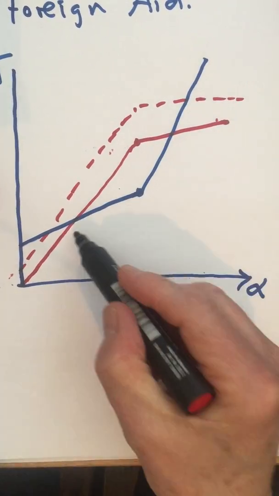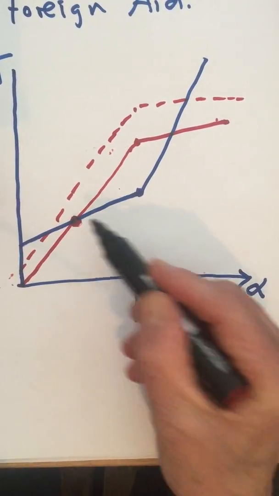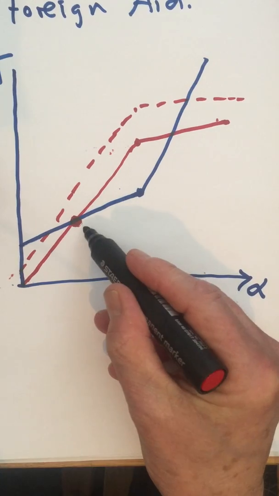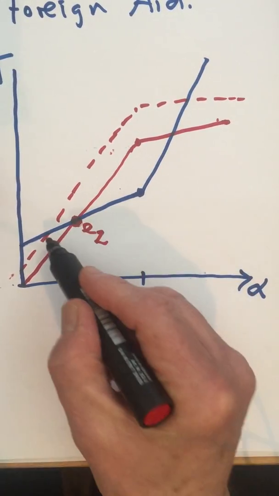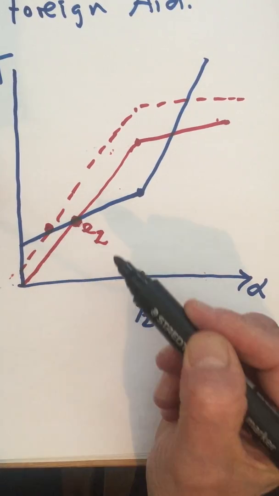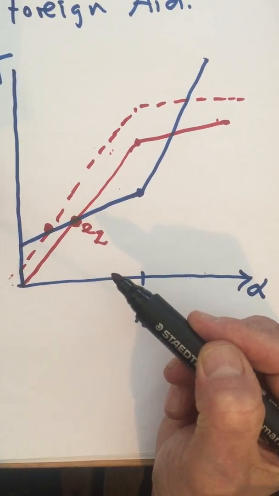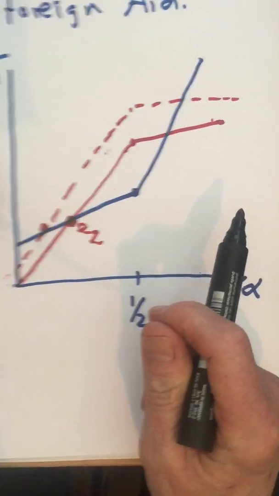So that means if you were here initially, at this, we call it E2 equilibrium, we move down to this curve.